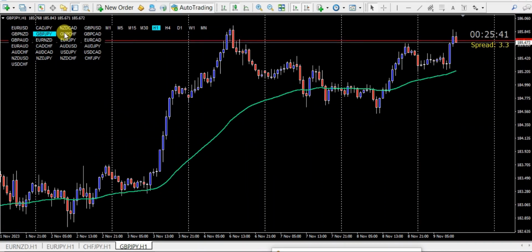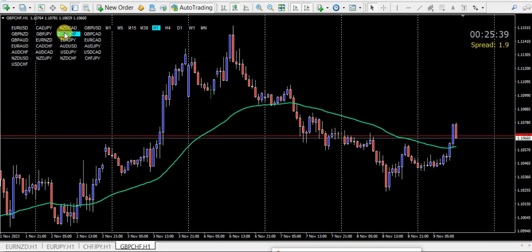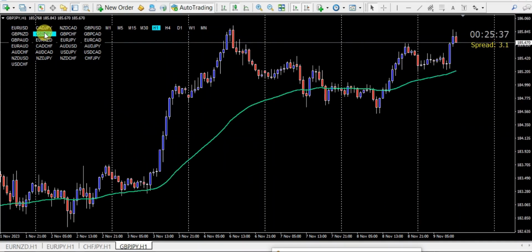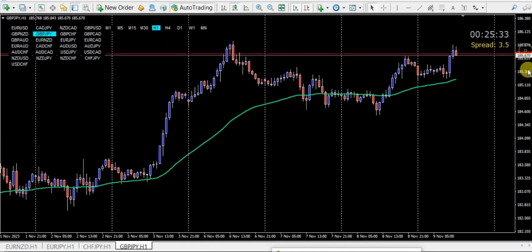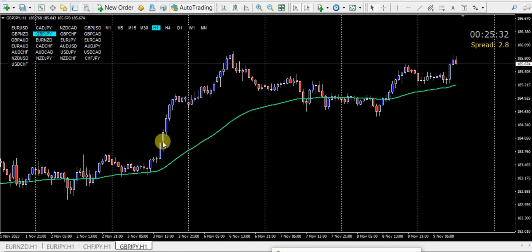You are looking for the one that is clearly moving in a direction. This one, no doubt, is on an upward trend, upward movement.